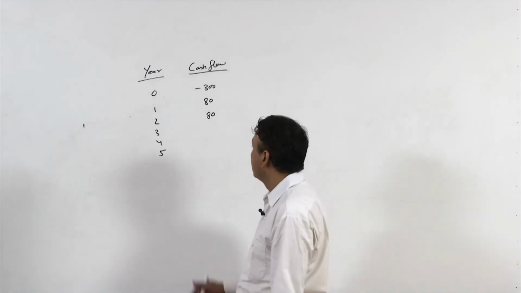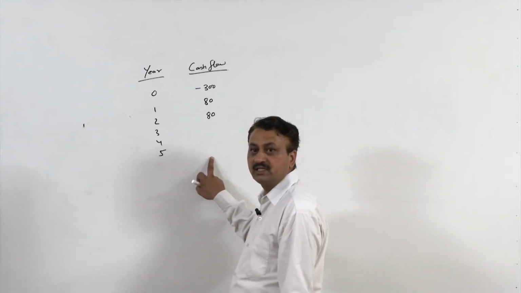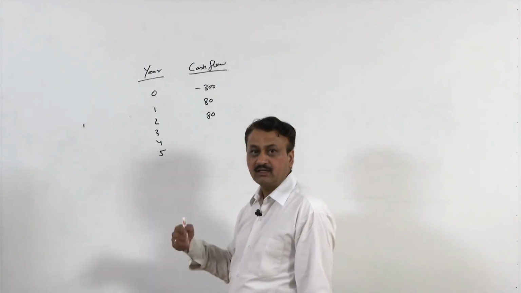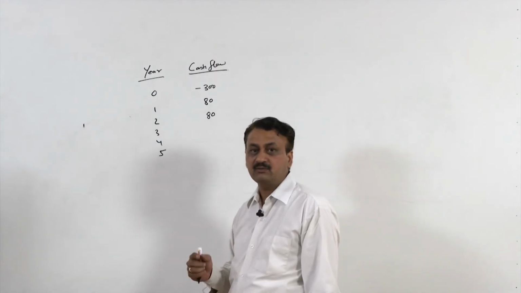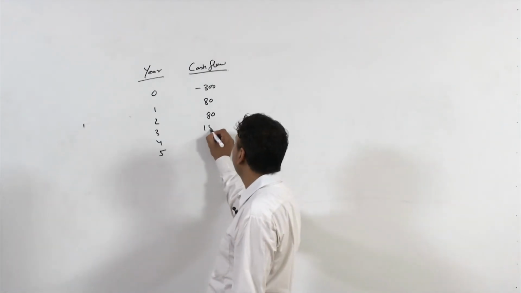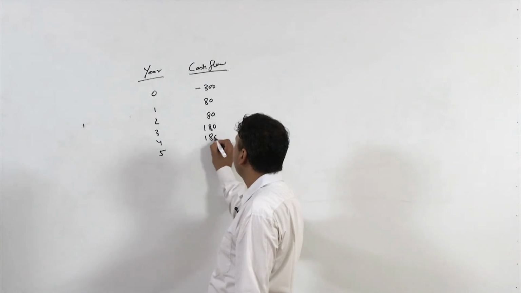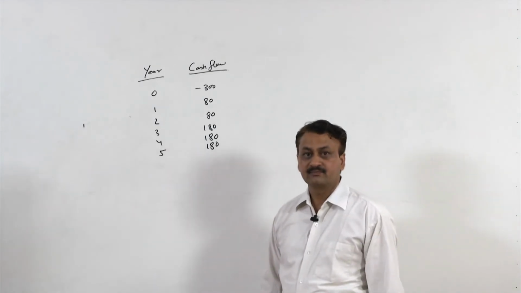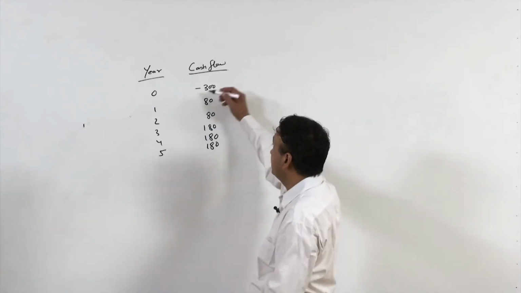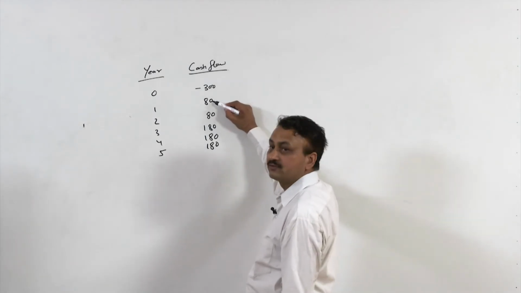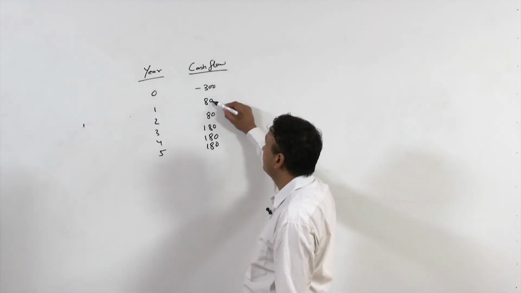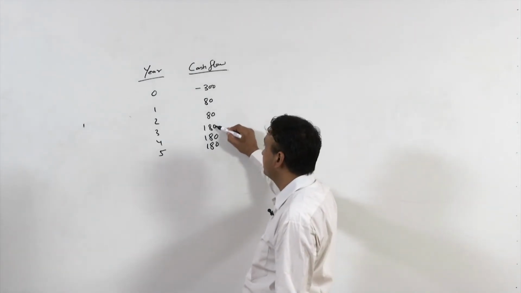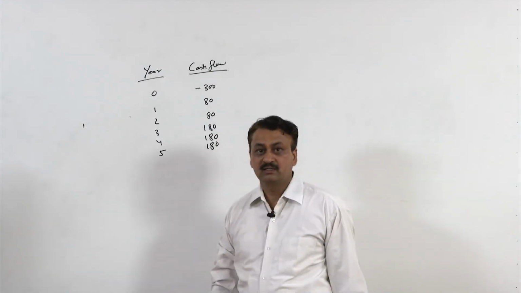Then for the next 3 years, the revenue is 200,000, and again the annual operation cost is to be subtracted from 200,000. So this is 180, this is 180 and this is also 180. Understood? The initial cash outflow, then in the first year an inflow of 100,000 minus 20,000, similarly here, and similarly for the third, fourth and fifth years.